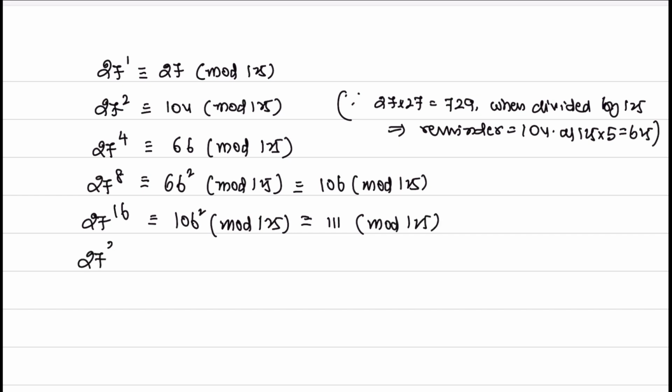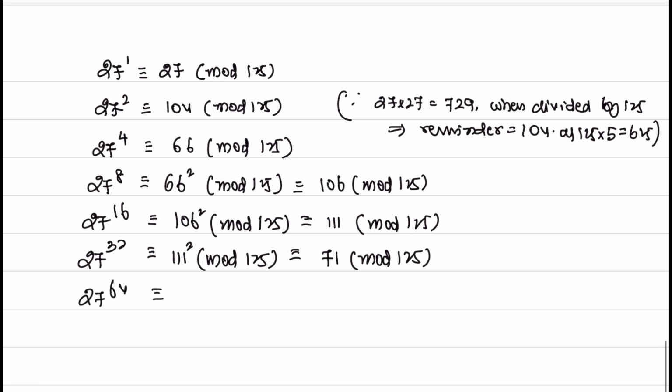Similarly 27 to the power of 32 is equivalent to 111 square mod 125, equivalent to 71 mod 125. This 27 to the power of 64 is equivalent to 71 square mod 125, equivalent to 41 mod 125. In total, we have got up to 27 to the power of 64.